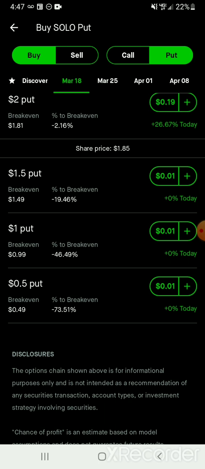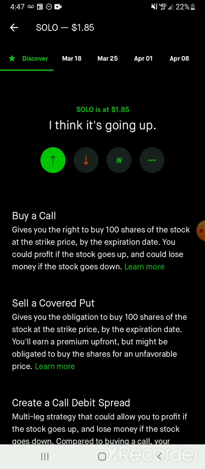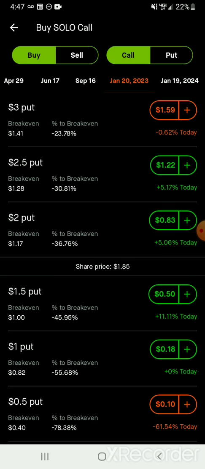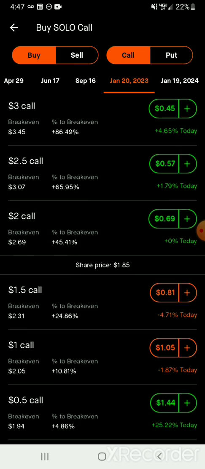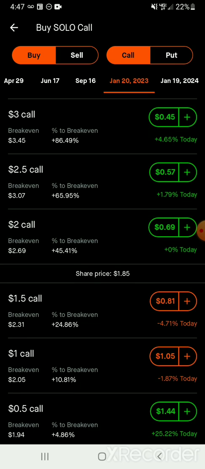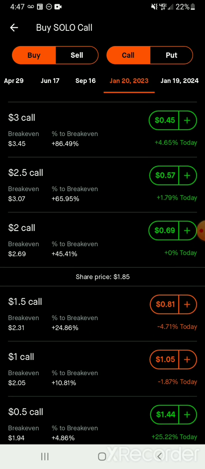So, returning to the first strategy that I mentioned, if you just want to hold this because you think in a few months or so it's probably going to recover, rally a few dollars, then what you could do is select the January contracts for next year. And if you buy this $2 call option for $70 per contract, then you could hold that all year pretty much.